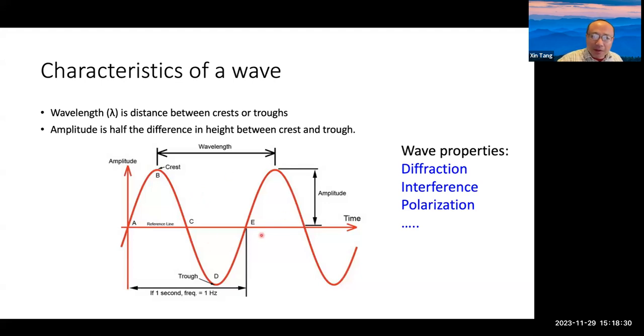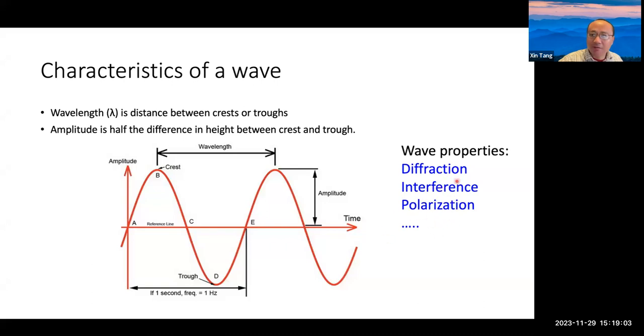And at the beginning of the class, as I said, once we realized the light also behaves like a wave, then we can look at this physical signal from different axes. If the light behaves like a wave, then it can have the property of diffraction, the property of interference, and the property of polarization.